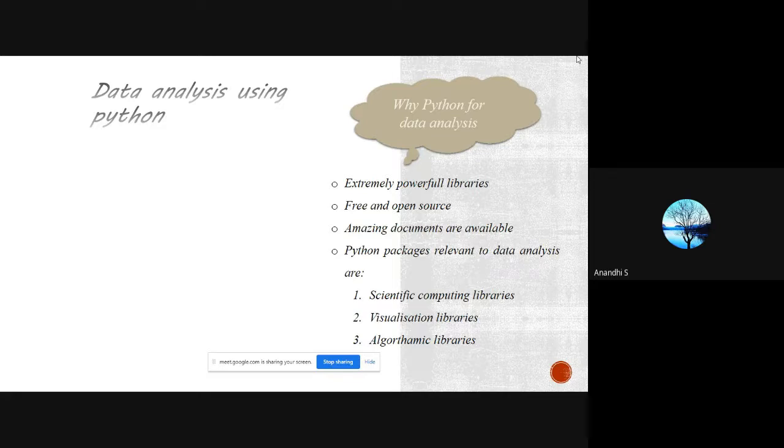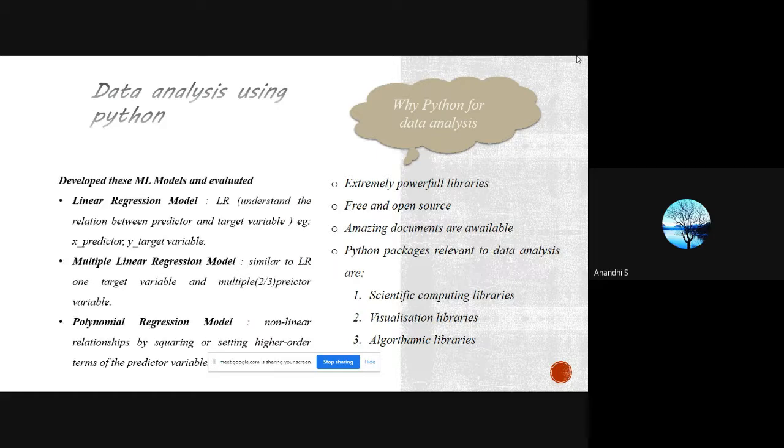Scientific computing libraries like NumPy, Pandas, SciPy, which you would have gone through in Energy Lab 3, I think. Then visualization libraries like Matplotlib, Seaborn, etc. We can visualize things, and then algorithmic libraries like Scikit-learn and statsmodels are available.